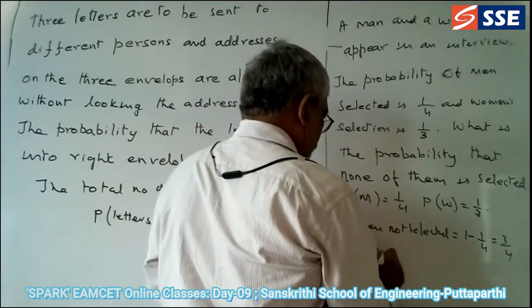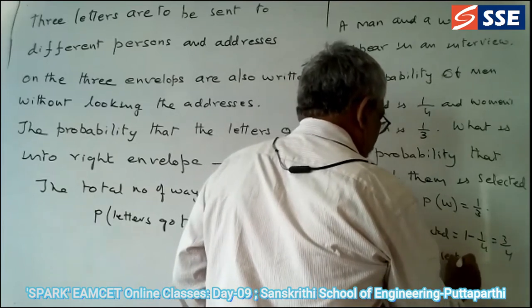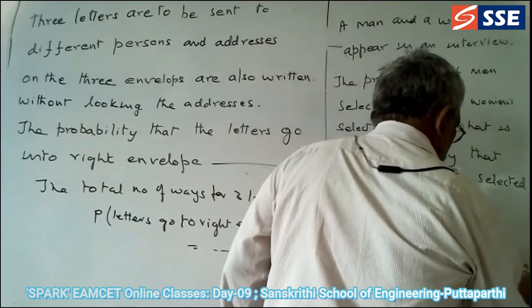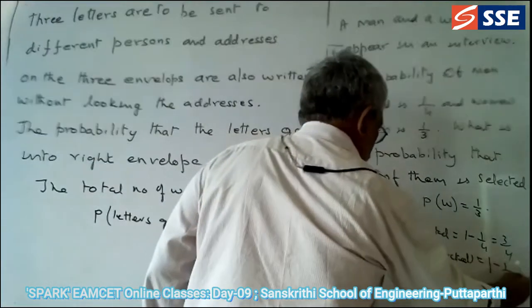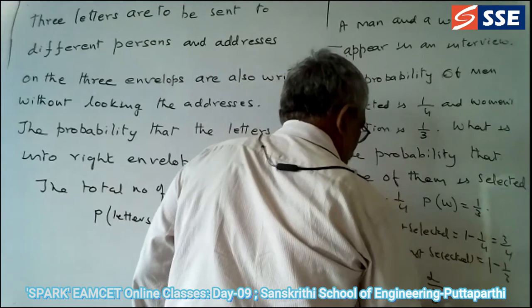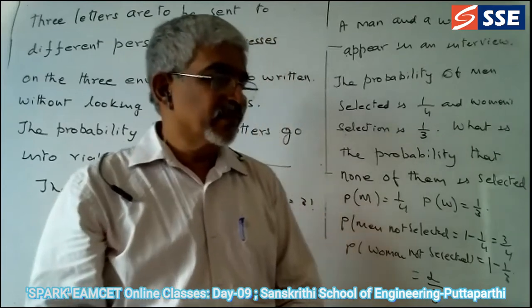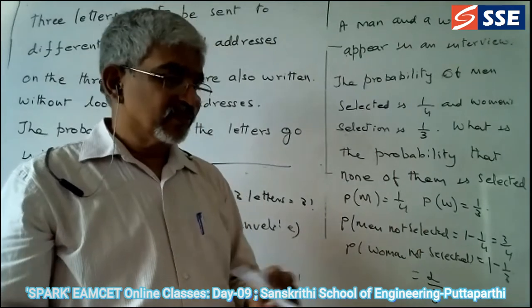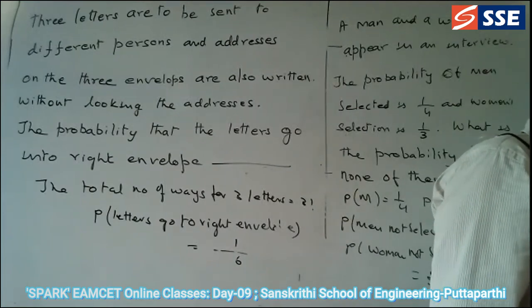The probability of the woman not being selected is 1 minus 1 by 3, it is 2 by 3. Understand now? Very simple case. You can see that.